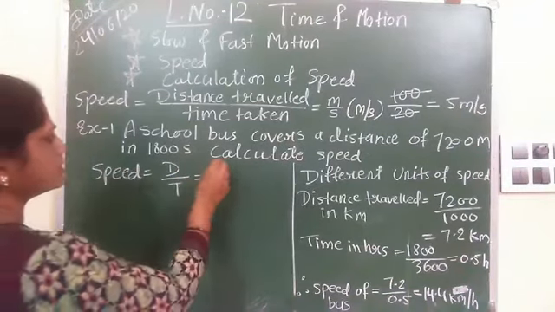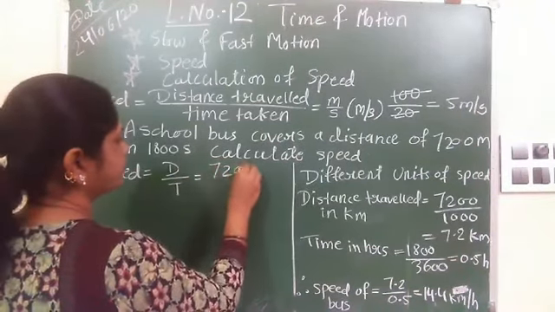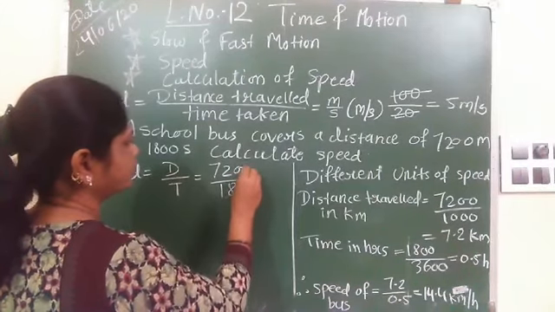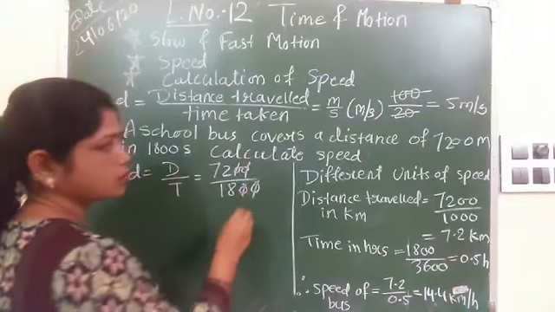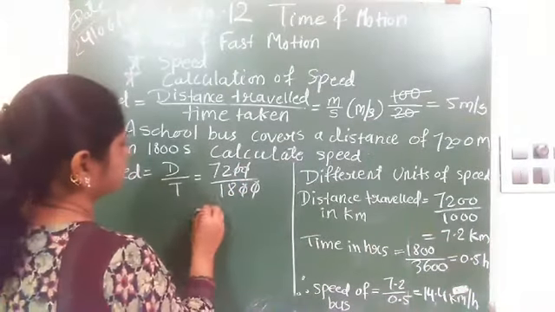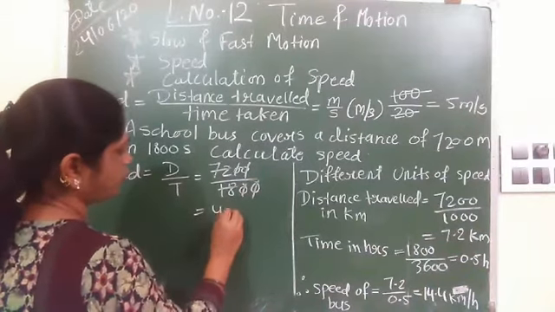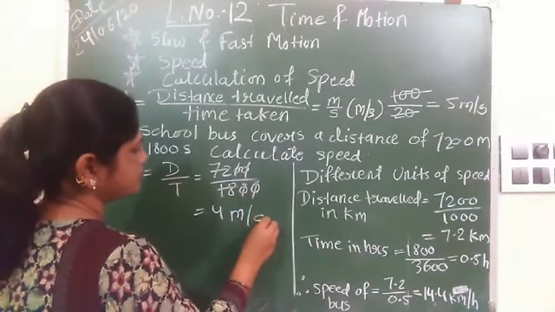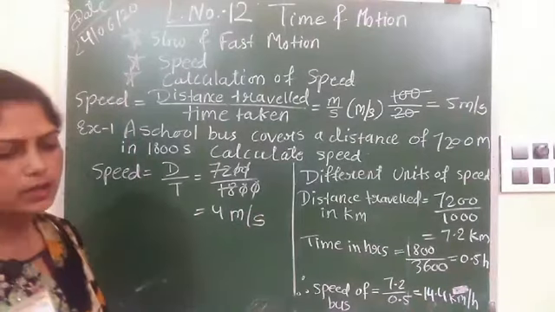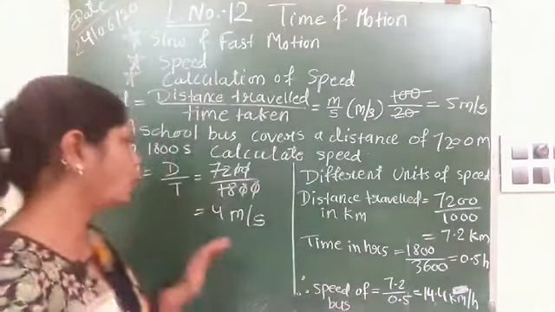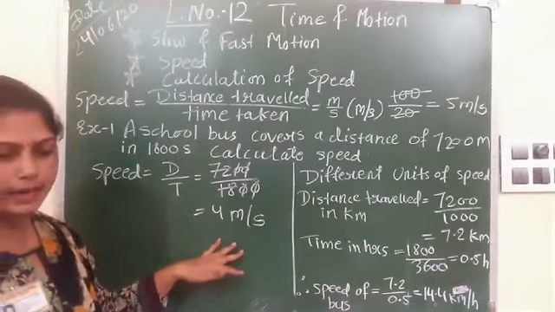That is 7,200 meter divided by 1800. Two zeros cancel. Then 72 divided by 18 is 4 meter per second. So here the bus moves with a speed of 4 meter per second.